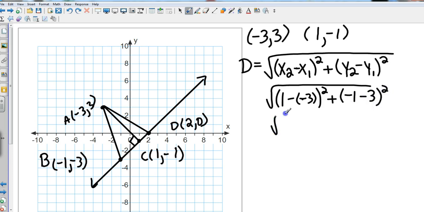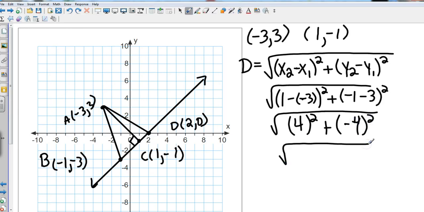So that's going to be 1 minus a negative 3. That's going to be 4 squared. Negative 1 minus 3 is negative 4 squared.